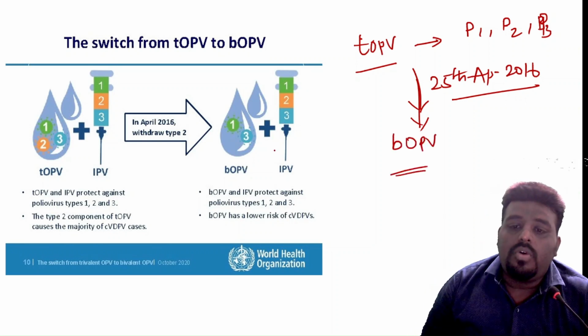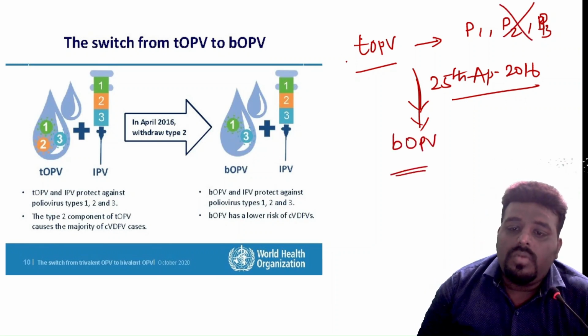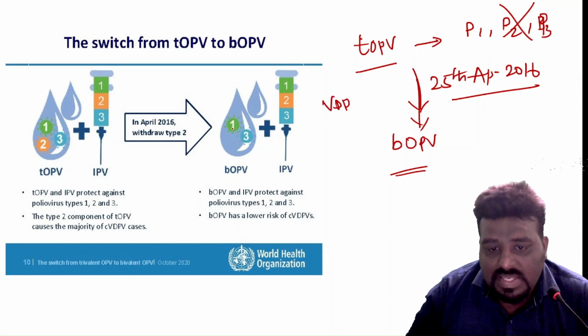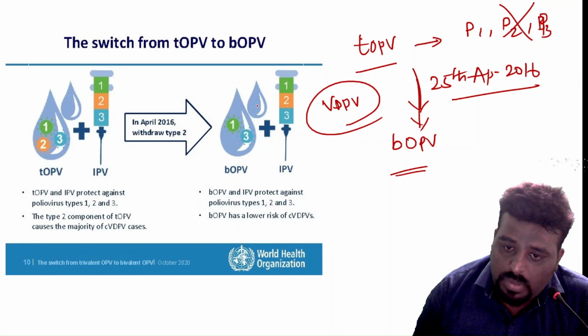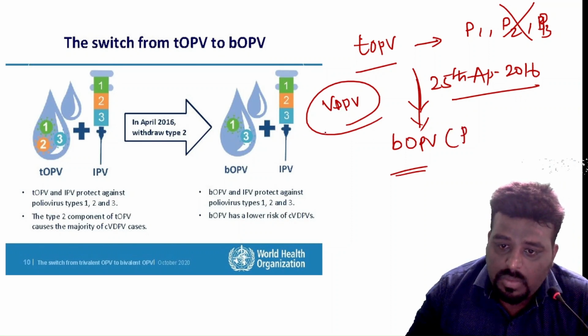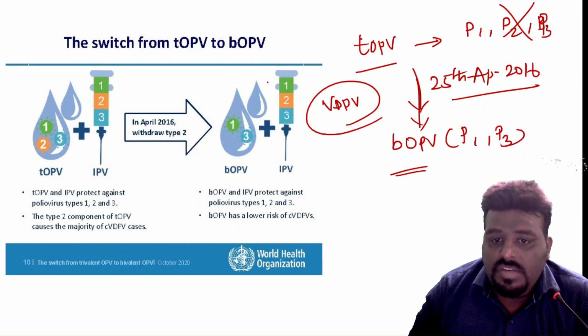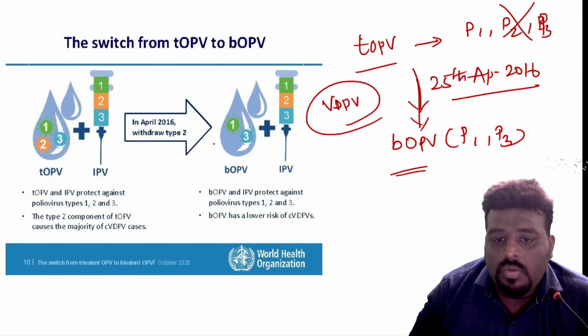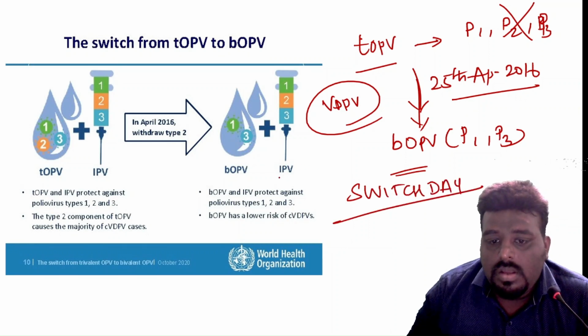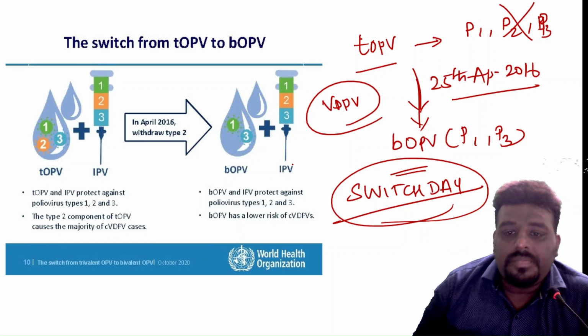We removed the P2 strain, which is the major cause of vaccine derived polio virus, VDPV. So now we have only the P1 and P3 strains. This shift from trivalent OPV to bivalent OPV is called National Switch Day. Okay, this is very important.